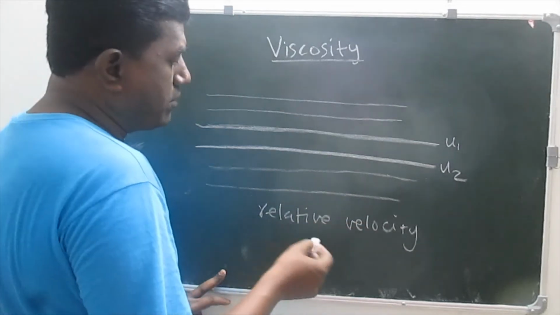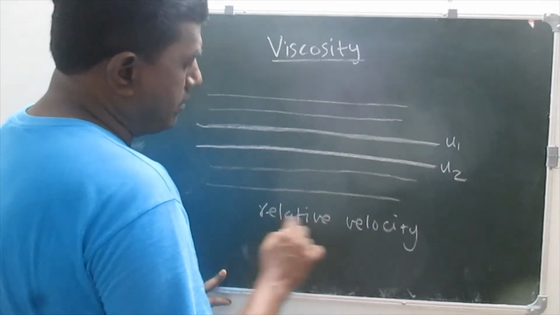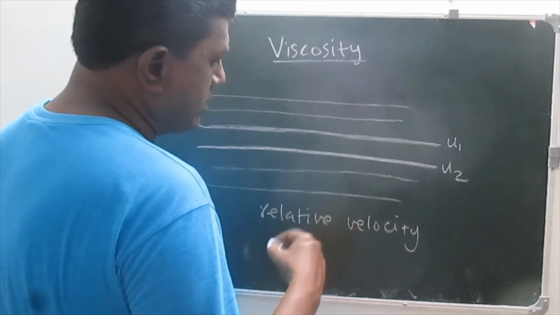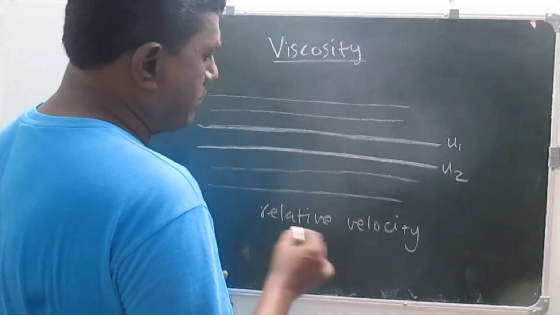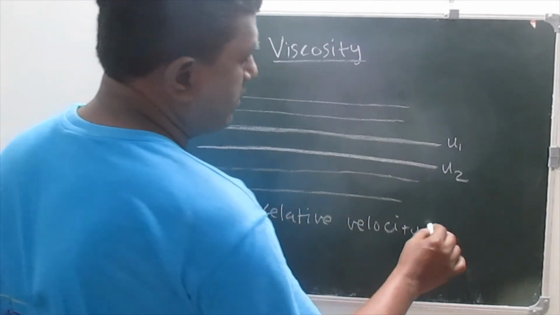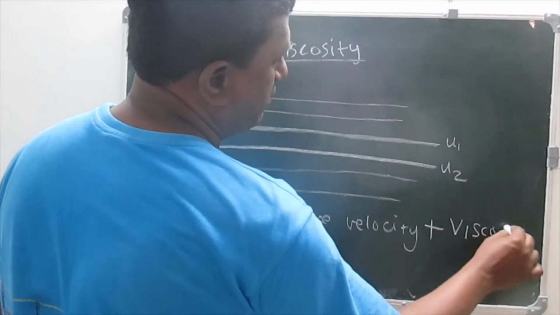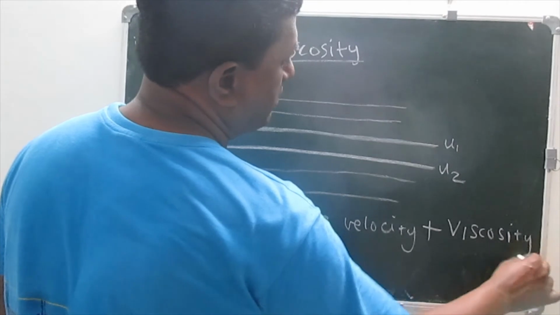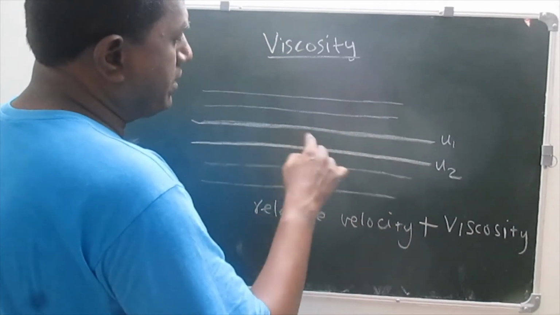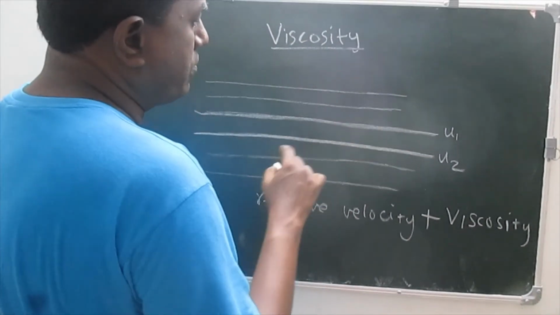Now we have to understand one thing called shear stress. Let us see it in a simple way. Viscosity, we define as the internal resistance between the layers, or internal resistance offered to the fluid flow.